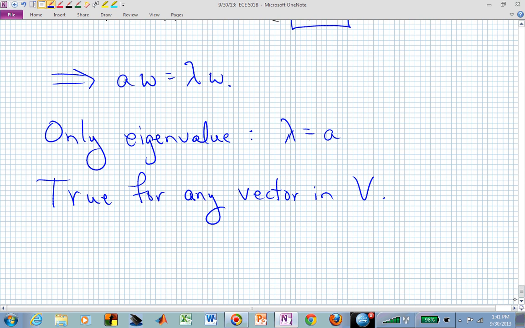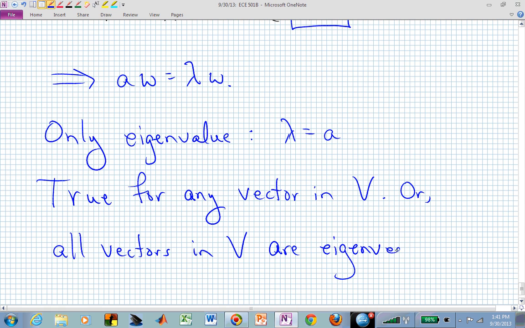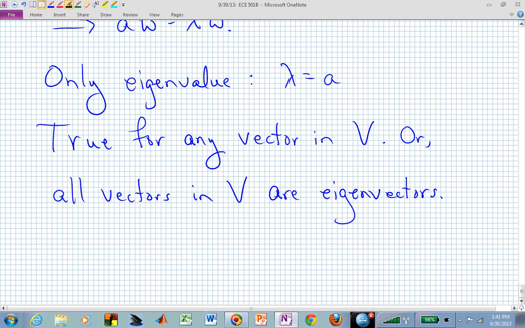or that says that all vectors in V are in fact eigenvectors. Which means that if we're mapping through the identity map, this is what we would expect. We're not changing the direction of the input vector that we started with.